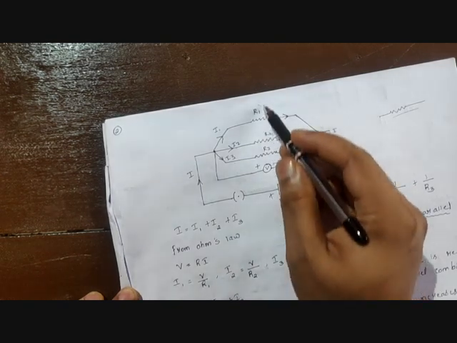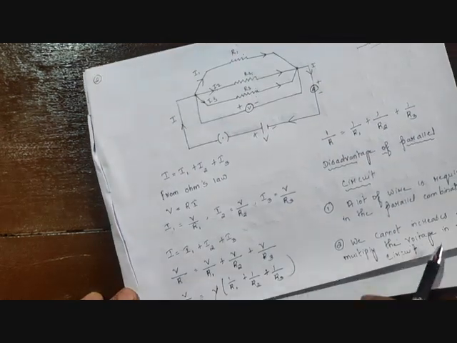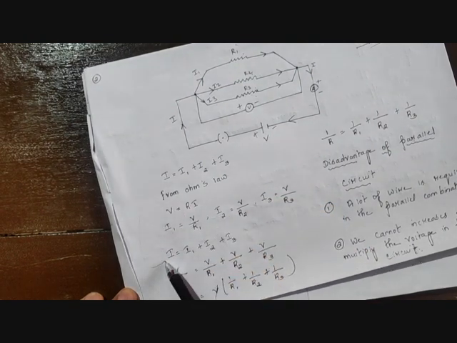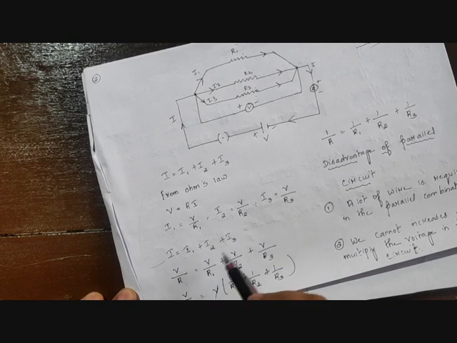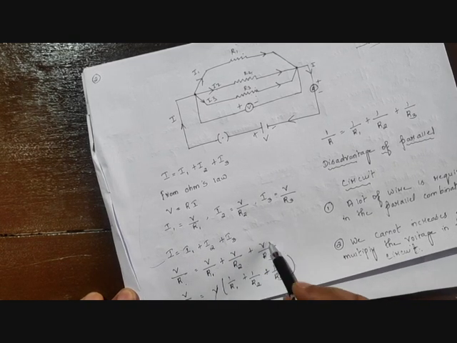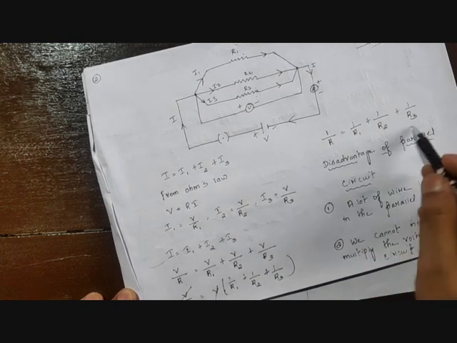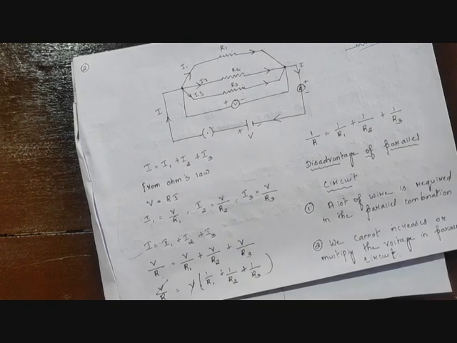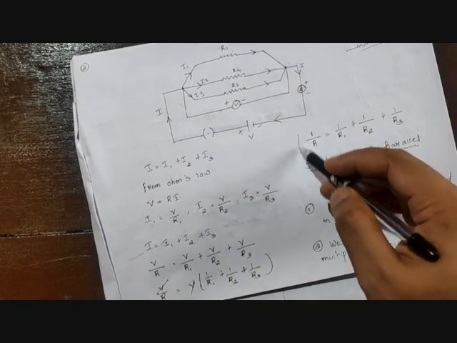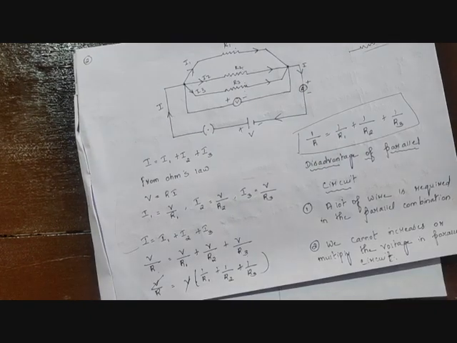Because the resistors are different, right? So if you put the value, I is V by R. I1 is V1 by R1, I2 is V2 by R2, I3 is V by R3, right? So V can be cancelled, and you get this equation, right? Clear. So this is called your effective resistance, clear.